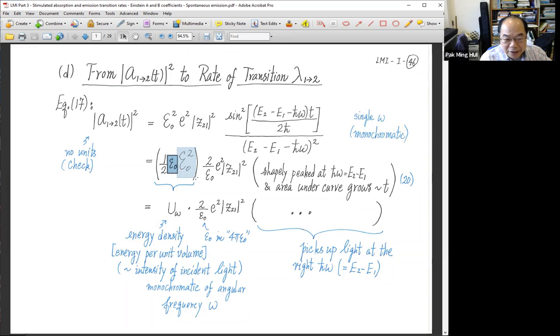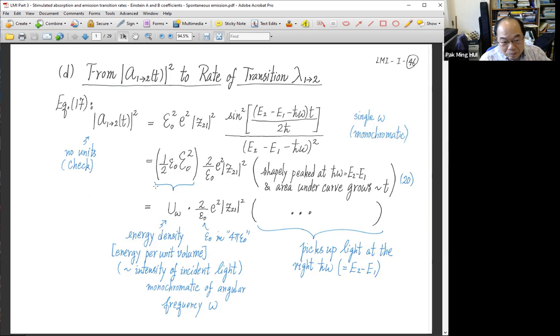This is bigger, this is the E field. Okay, so don't be confused. I have done nothing. I divided by 2, multiplied by 2. I multiply by epsilon 0 divided by epsilon 0. So I've done nothing. But once you have this factor, I hope that you realize that this is the energy density according to electromagnetic theory. In unit, it is energy per unit volume.